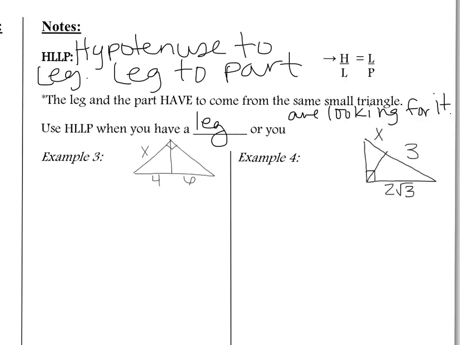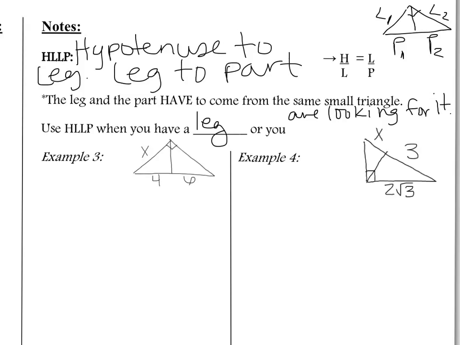That number should always match. So even though the right triangle has two different legs, this is a leg and this is a leg, and this guy has a part and this guy has a part, let's call this leg 1 and his part 1, this is leg 2 and his part 2. You can't cross over legs. You got to stay on one side of the triangle or the other. You don't mix and match.